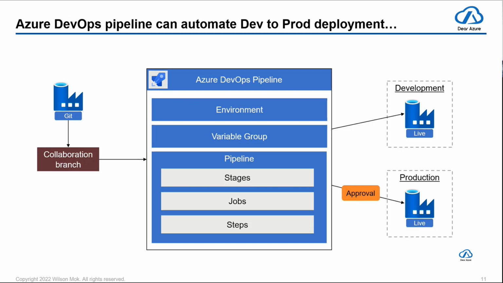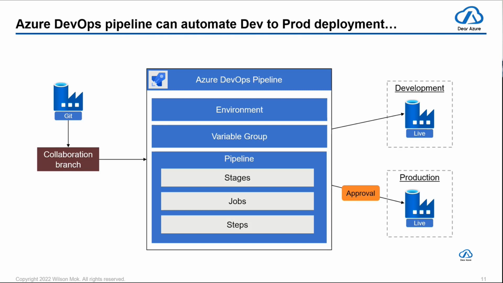In the variable group, this is where we can define the variables to be used in the Azure DevOps pipeline. We can override any environment-specific parameter as well. And finally, there's the Azure DevOps pipeline itself.